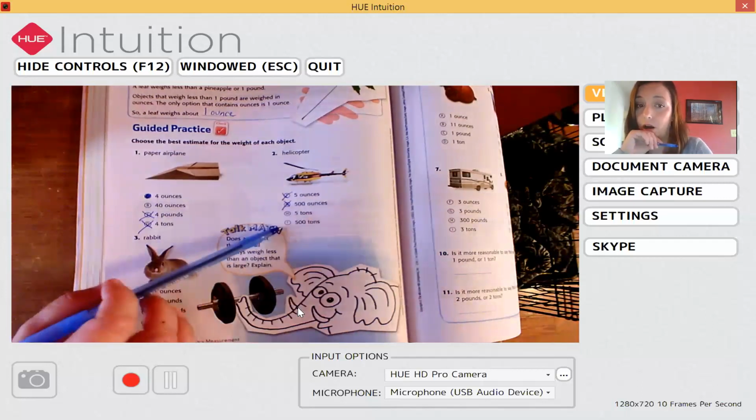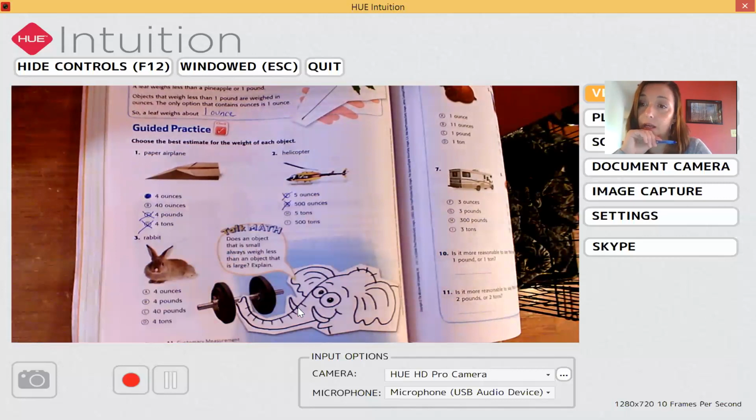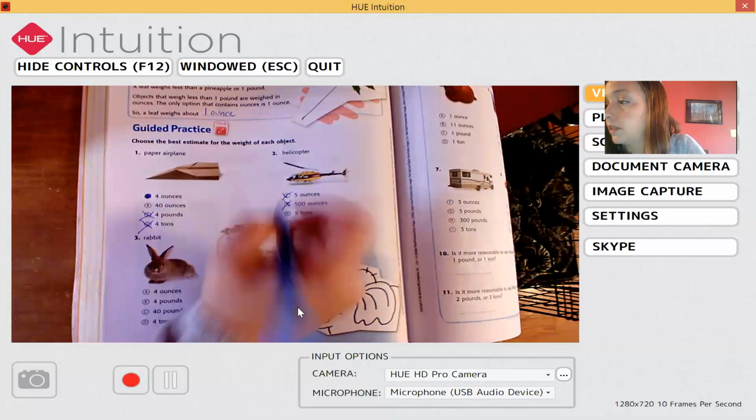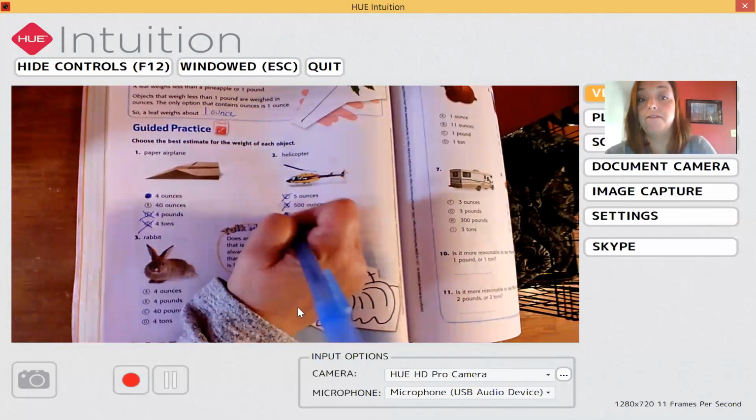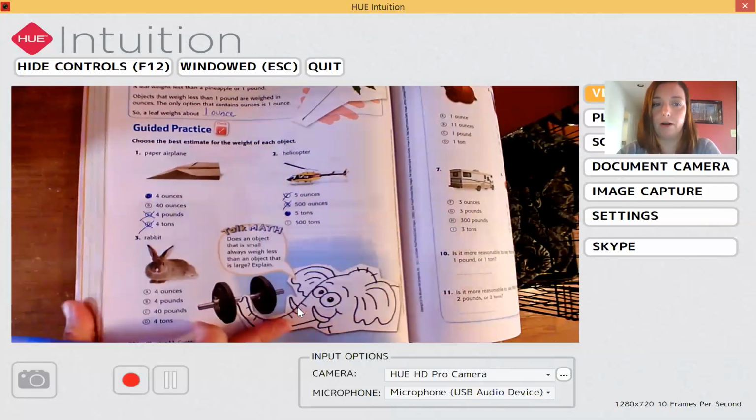So I'm thinking of the car. Is a helicopter more the size of 5 cars or more the size of 500 cars? I think 500 cars is too big, so I'm going to go with the estimate of 5 tons. It probably weighs about the size of 5 cars, but not 500 cars.